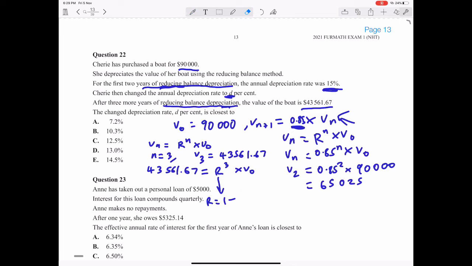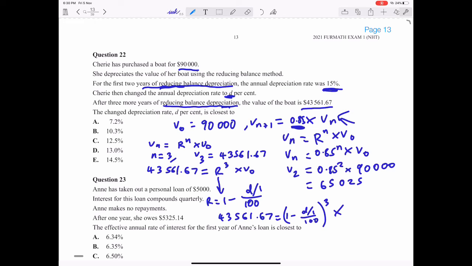So we can sub that as D on 100. It should be on P, but in this case, P is 1 because it's annual rate of depreciation. So therefore, the value of P is 1. So that would be the value of R. So if you were to write that out, 43,561.67 equals, sub the value of R, 1 minus D on 1 on 100, to the power of 3 times V0.